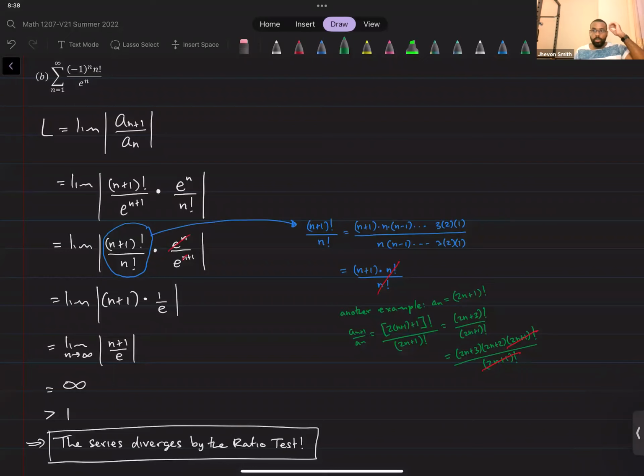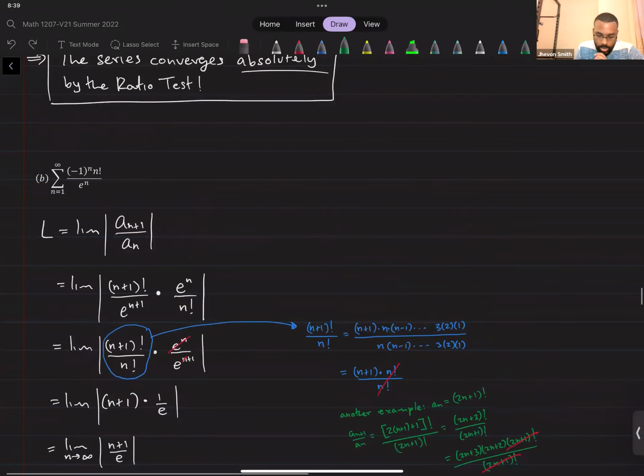Sorry, I had a question. Could you go over again how you did the breaking up of it, like the n+1 factorial over e to the n+1? How do you break that up? You're talking about this line? How did I get that from the previous line? The one above it. Oh, how did I get this line?